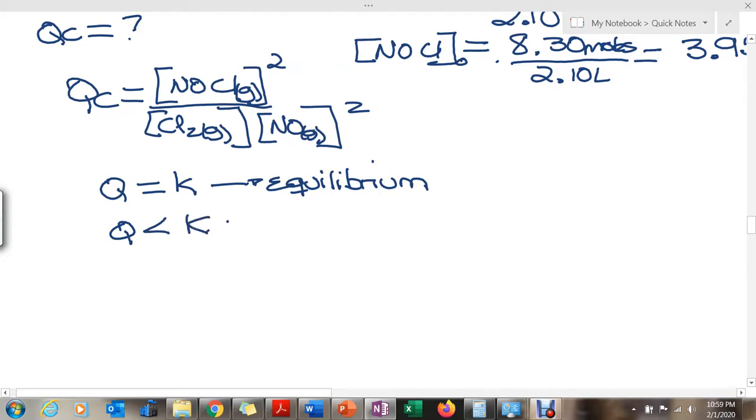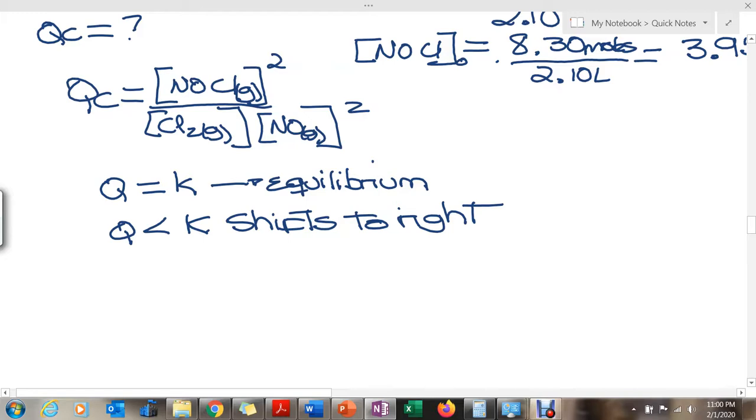the equilibrium shifts to the right. Why? Because at equilibrium, K should be higher, meaning you have more product formed. If Q is less than K, you don't have enough products. So the reaction goes to the right.